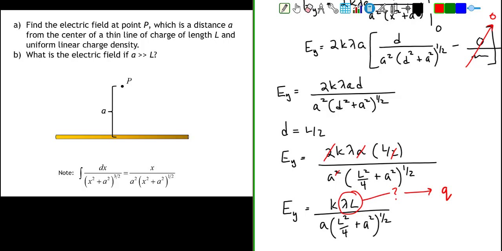And remember, if it's a uniform charge distribution, dq equals lambda dl. If you integrate both sides, and lambda is constant because it's uniform, you get q equals lambda L, and that's what we have right down here. So the k lambda L is just the charge we have.